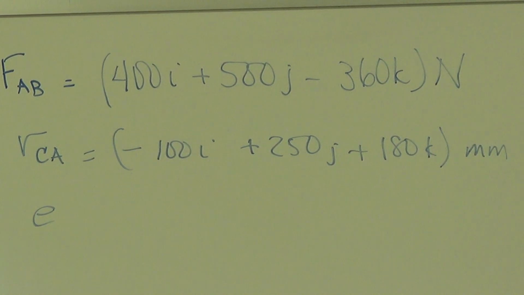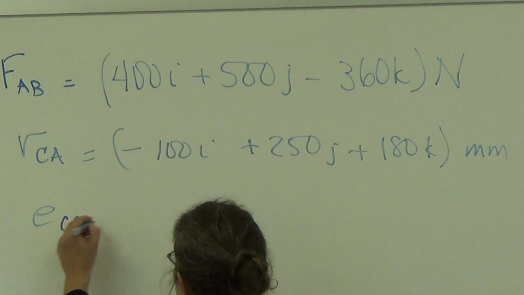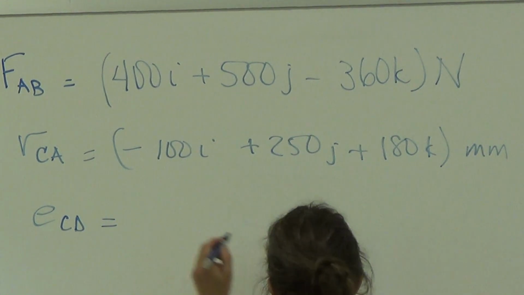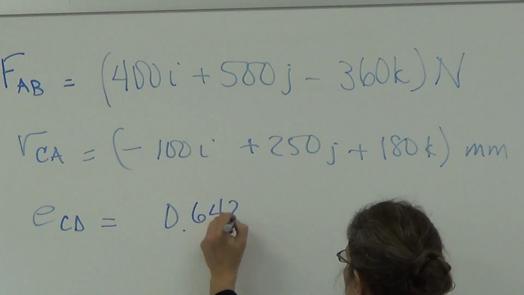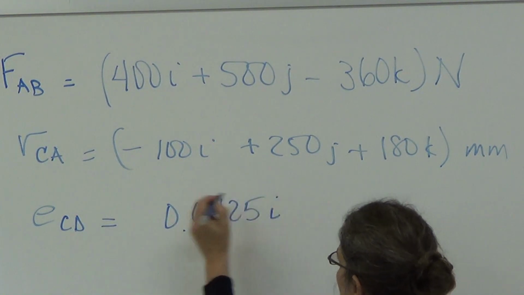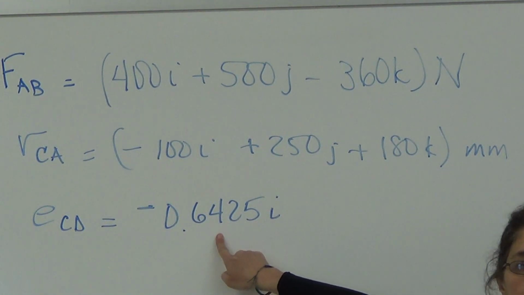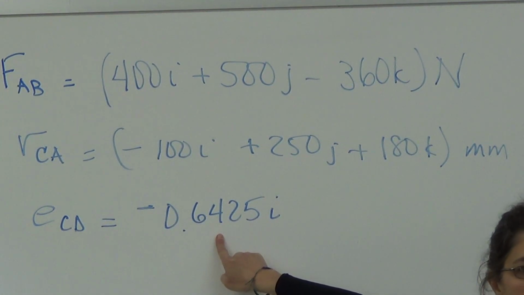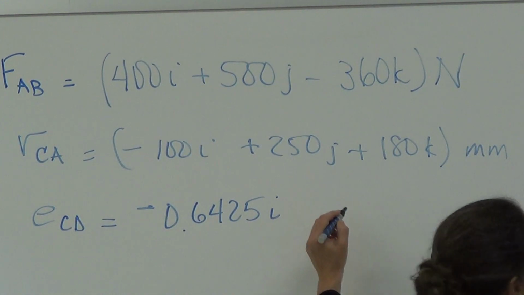What did you get for the unit vector? 0.6402i. Who got that? 0.6425 negative? Yeah, okay, what else? No j.